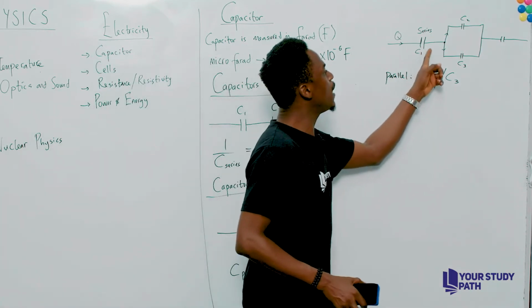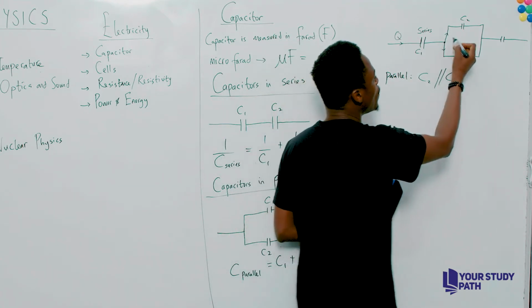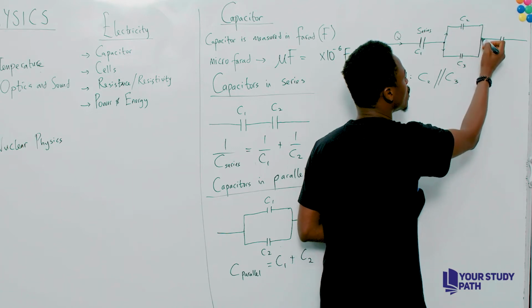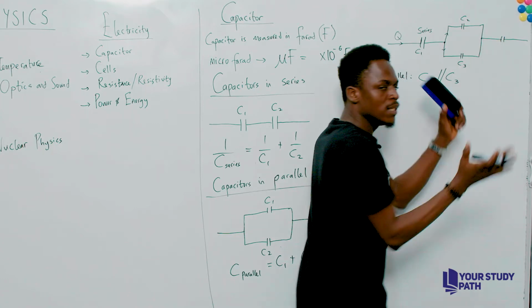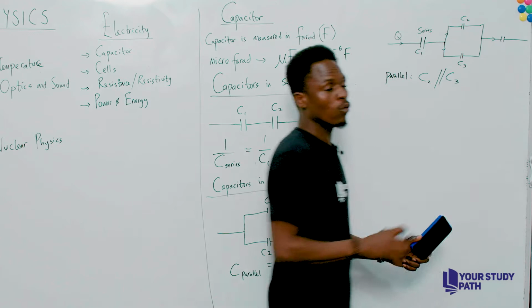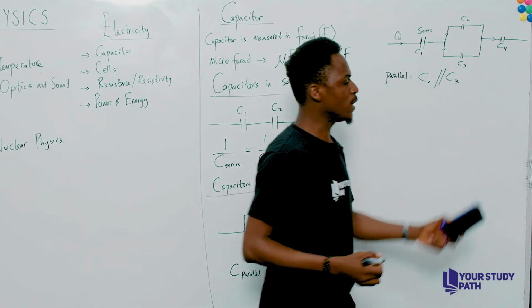Now, here we go. If a diagram is given to you this way, remember when it flows here, some of the charges flow through this part up to this point, and the ones flowing to this part get to this point. They tend to combine together and continue flowing as a whole to enter this, what? Capacitance 4 in series.